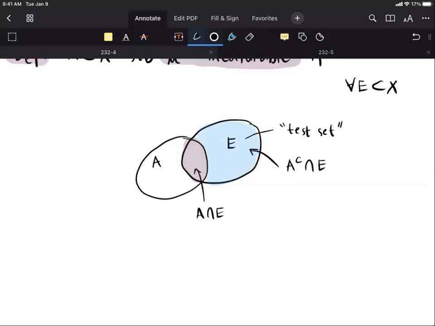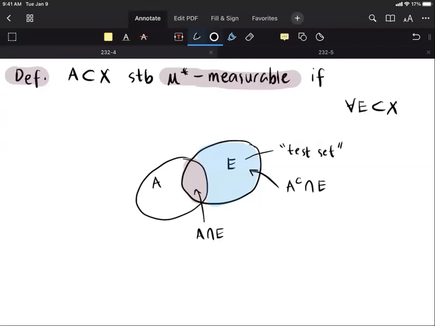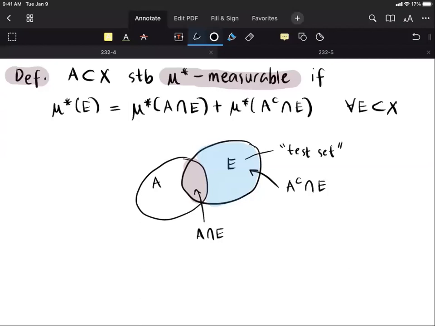So take a test set, say E, then this set A will be called mu star measurable if the outer measure of the test set is the sum of the outer measures of these two parts, namely A intersection E and A complement intersection E. Again, a set will be measurable if the outer measure of this test set E is the sum of the outer measure of those elements in A, the measurable set, and the complement.